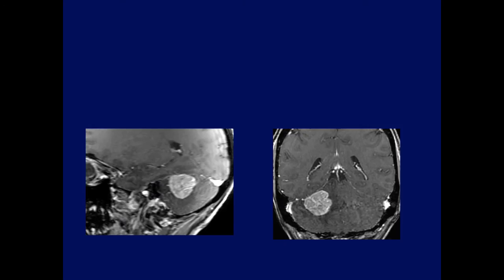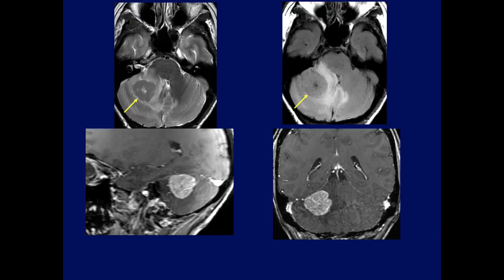What about this meningioma? Again, looks like a meningioma. How about these images? Edema, maybe a little calcium in the center. That was a MET from a breast carcinoma, simulating a meningioma.